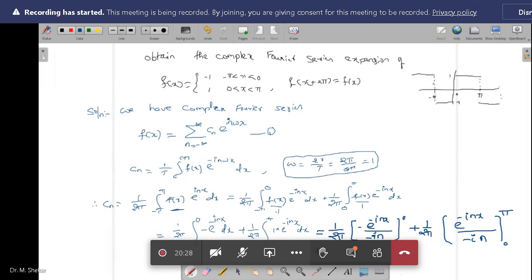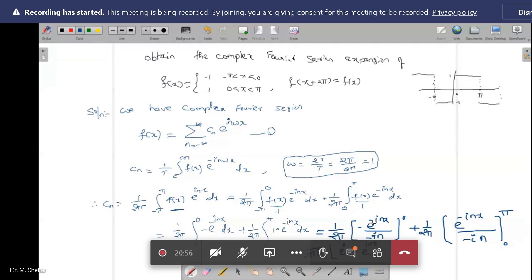When I apply the limits, the minus and minus get cancelled, so in both terms we have 1 by 2 pi i n, which I can take common. Now minus, this will be plus. When you put the upper limit it is e power 0, minus, when you put the lower limit e power i n pi.